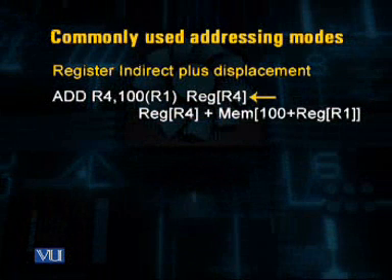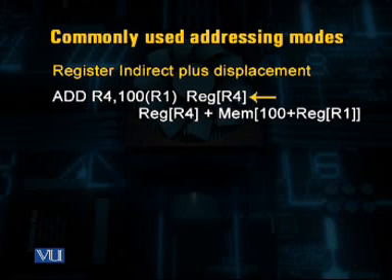The contents of the register R1 in this example specify the base value, and 100 is the displacement which is added into the contents of the register in order to find the address of the memory location wherefrom one of the operands is to be obtained, and which is added into the contents of register R4, and then the result is made available in register R4.